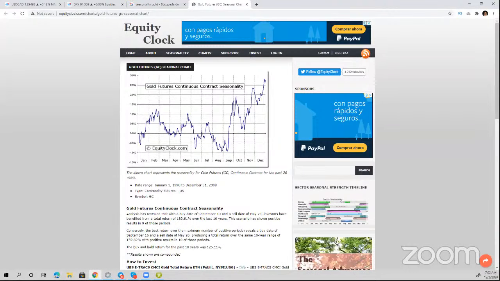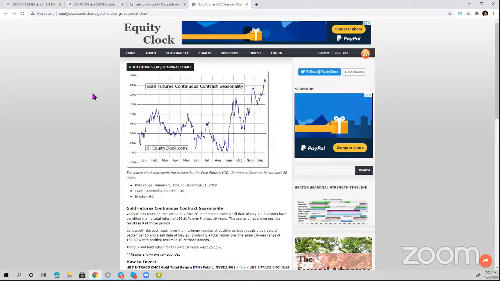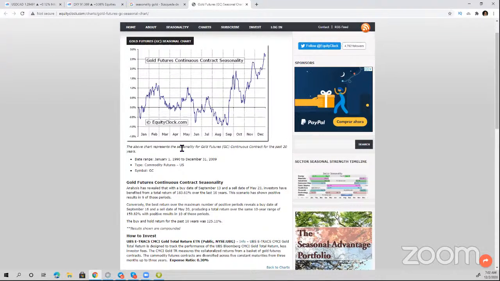So this is the seasonal chart on gold futures, and this is the continuous contract for the past 20 years, from January 1st, 1990 to December 31st, 2009. And it's all upside at the end of the year for gold, right?